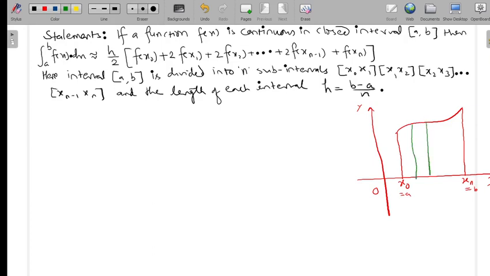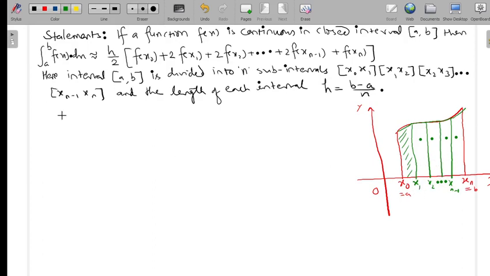Sorry, this should be a straight line. And we have to make these trapeziums and find the area under the curve, this enclosed area, and it may be x1, x2, x(n minus 1) and so on. In this way it is designed.